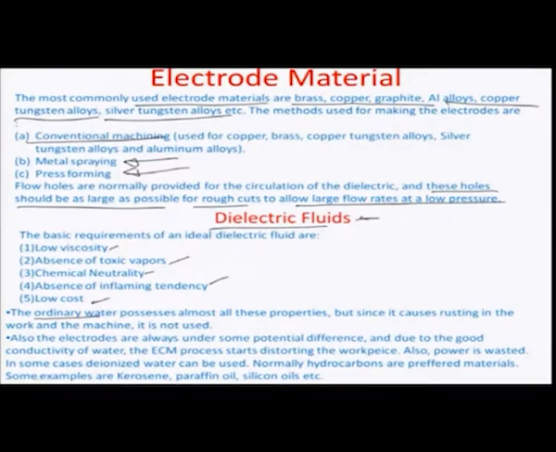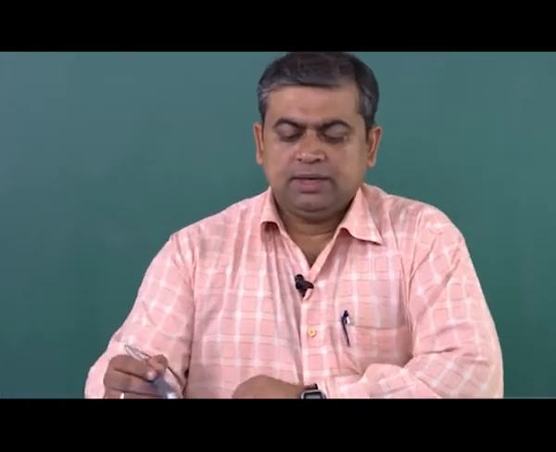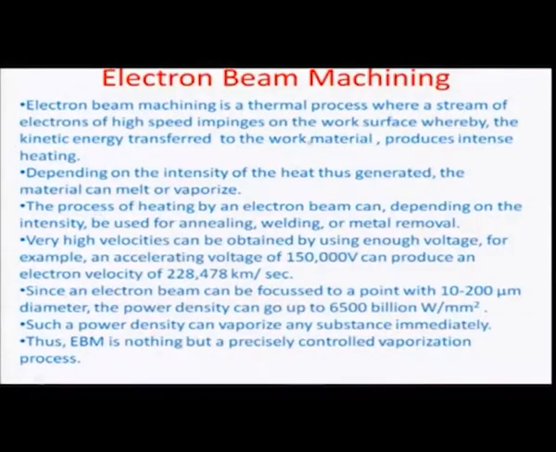Now, we will start a very new and interesting topic of e-beam machining following this. So, in electron beam machining, as you know, it is a thermal process where a stream of electrons is impinged onto a work surface at a very high velocity, thereby transferring all the kinetic energy that these electrons possess onto the work surface.